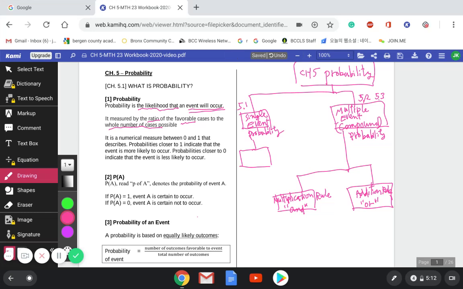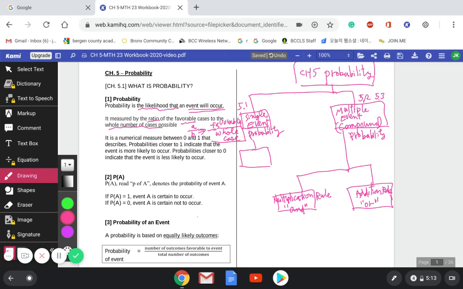So it's a ratio, like A over B. It's how much will happen favorably out of the whole. That's what probability is.